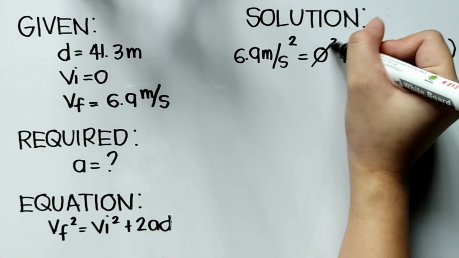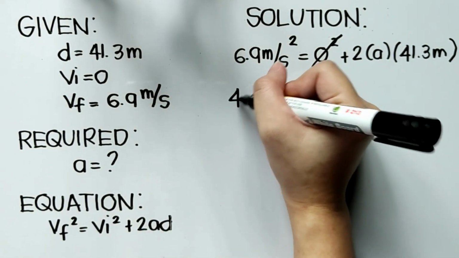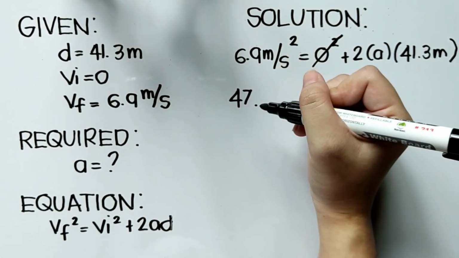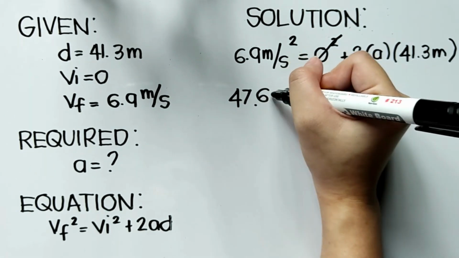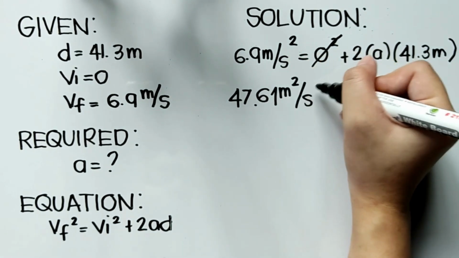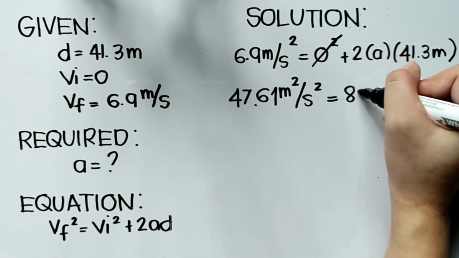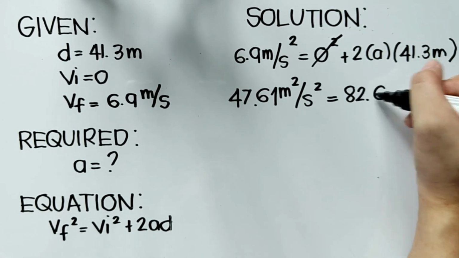We will just cancel 0, so we have now 47.61 meters squared per second squared equal to 82.6 meters multiplied by the acceleration.